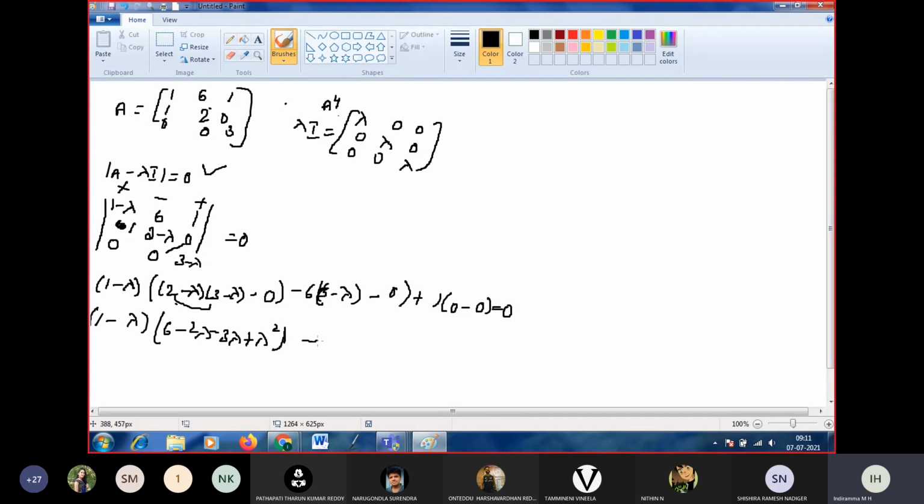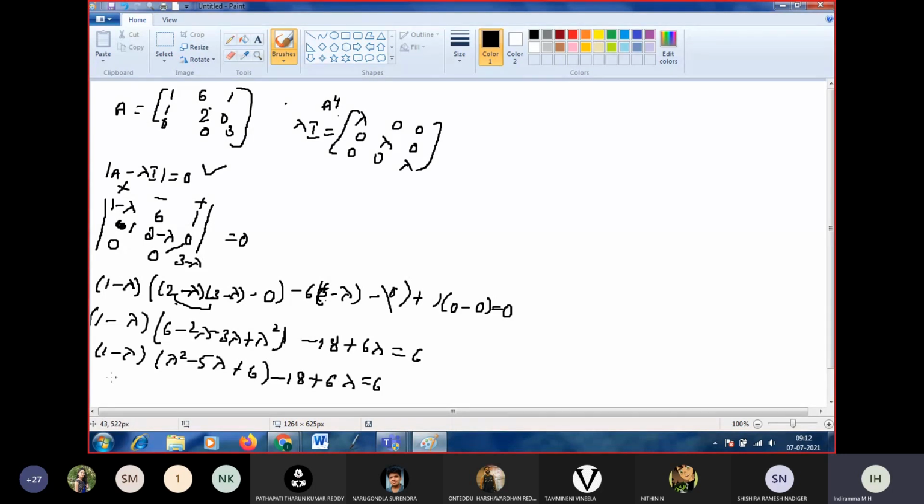Next minus into plus, it is 0, you leave; minus 6 3s are 18, minus into minus plus 6 lambda, equal to 0. Now simplify this, 1 minus lambda into lambda square minus 5 lambda plus 6 minus 18 plus 6 lambda equal to 0.